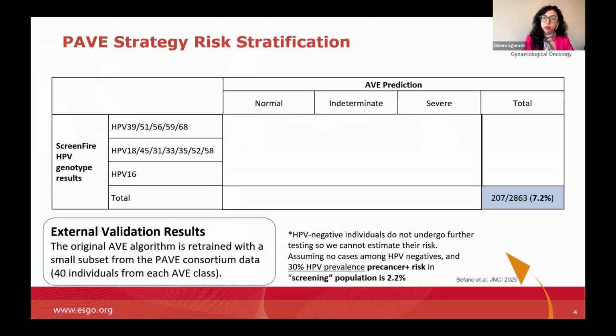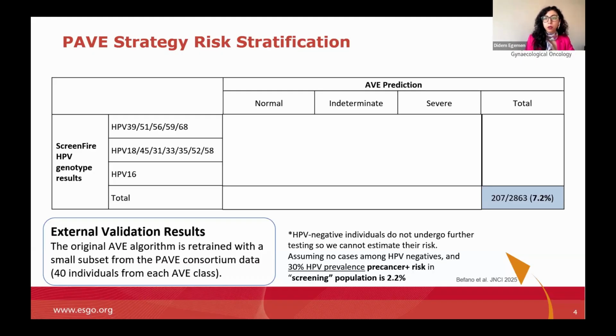I showed this result in the previous session, but I just want to repeat that these results are from our external validation study. We created our AI algorithm on 5 different studies from which we already had images collected. And this PAVE consortium study was specifically for externally validating our AI algorithm. But since we changed the image capture device, we incorporated 40 individuals' data from each one of these classes and retrained the algorithm.